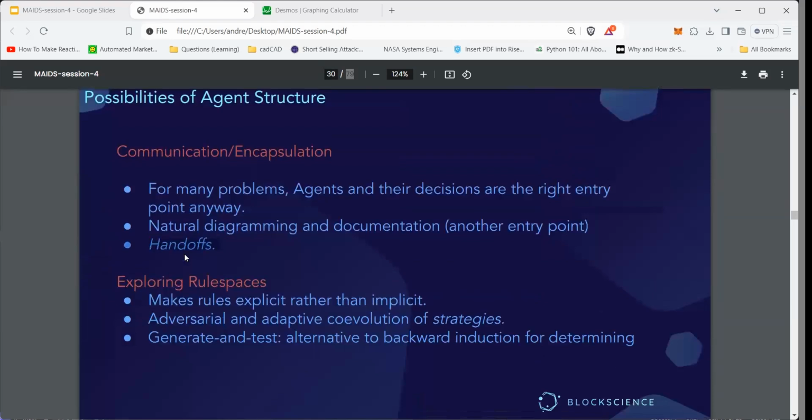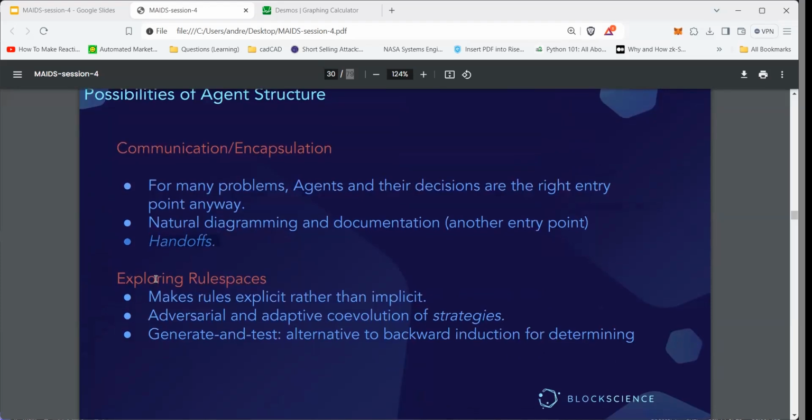For the level, again, of the ability of a block science member is much higher than the teams that I was talking about, but the notion of handoffs is still going to occur, and having a template may be helpful. The other thing is that I love problems that explore rule spaces, whether it's in cellular automata or genetic algorithms or finite state automata.